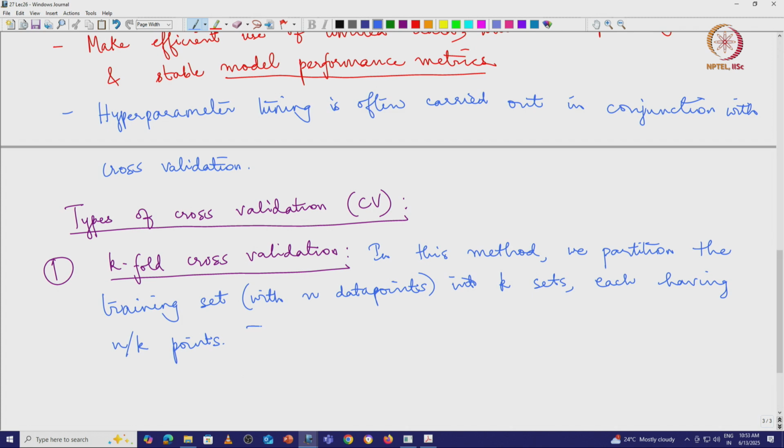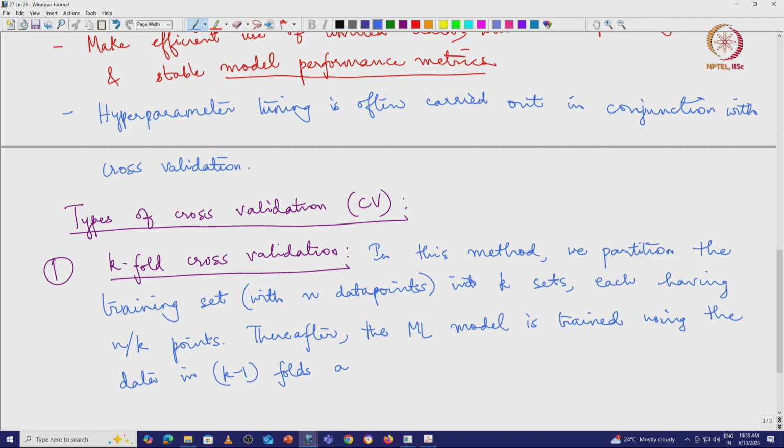and thereafter the ML model is trained using the data in k minus 1 folds and is validated with the remaining data.